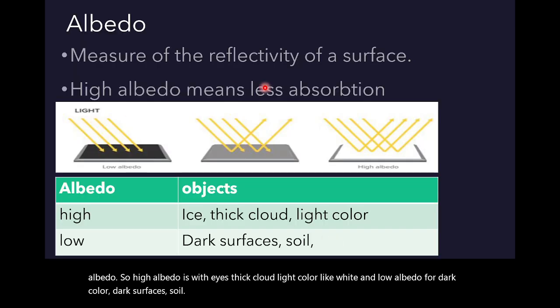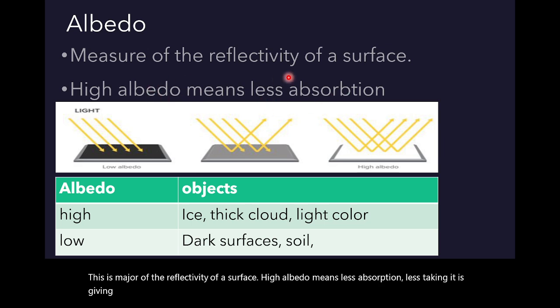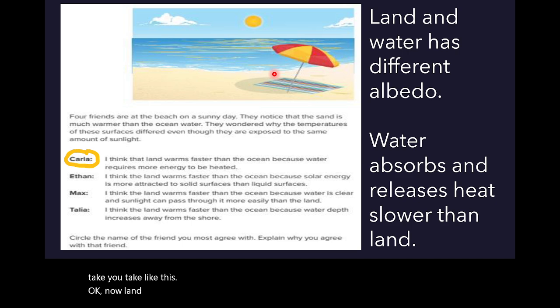This is a measure of the reflectivity of a surface. High albedo means less absorption, less taking. It is giving more. High albedo, it is not taking the heat, it is giving back. Okay, now land and water have different albedo.